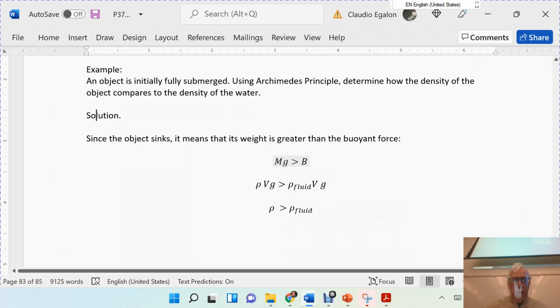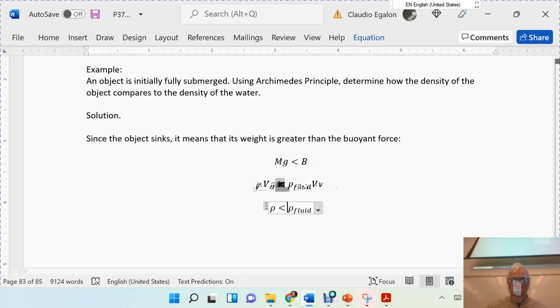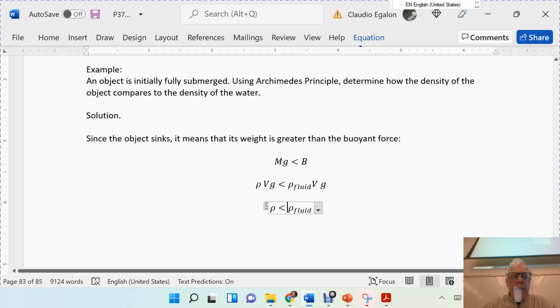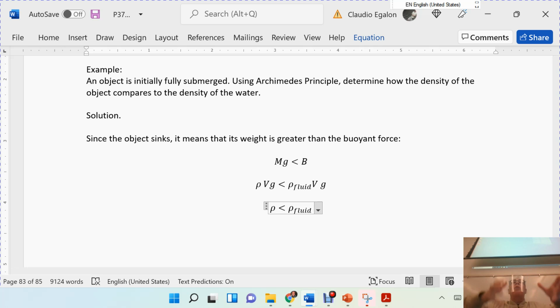So we change this inequality sign, and we find the condition for an object to float: its density must be less than the density of the fluid. So balloons rise in the atmosphere because the average density of the balloon is less than the density of the surrounding air. Makes sense? It's the buoyant force that propels the balloon upwards.